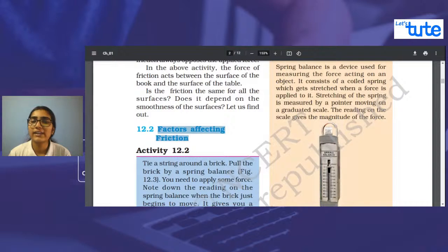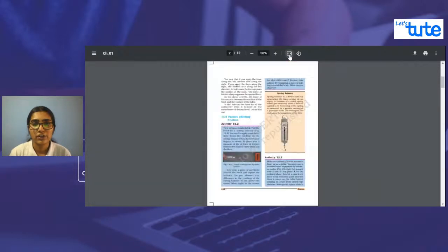In the book, there are very few questions that can be asked, and one of them is the factors affecting friction. The factor is pretty interesting. So, please go through it. If anyone is watching the video, remember it is an important question.